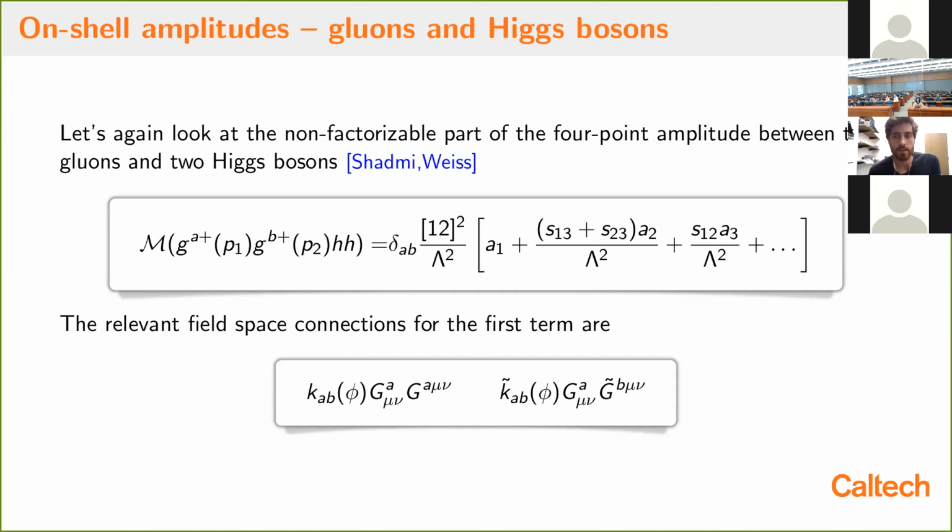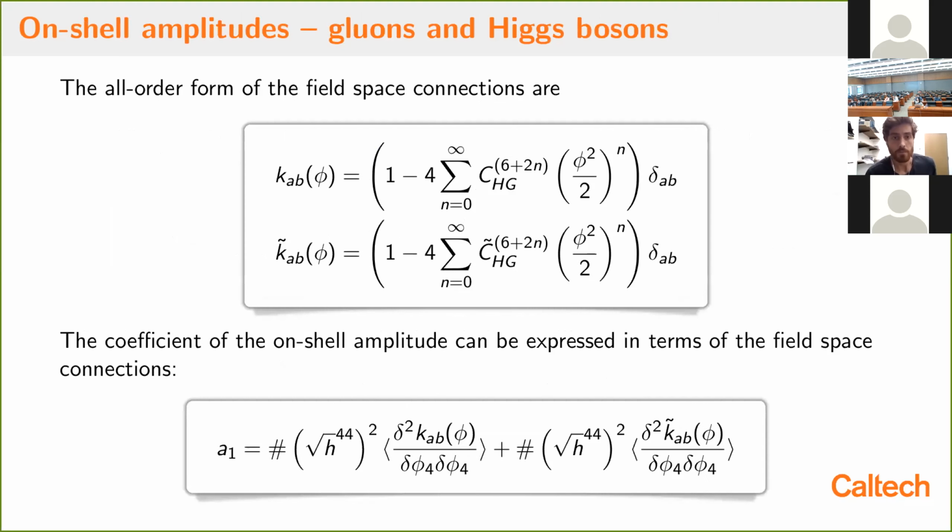But other than that, it's the same story. And these K_IAB and tilde K_IAB are these field space metrics, which can now be written down at all orders in the EFT expansion. And if you then again do the calculation of the on-shell amplitude, you find that this coefficient A1 is simply given in terms of these field space connections and curvature invariants, even for the gauge bosons.